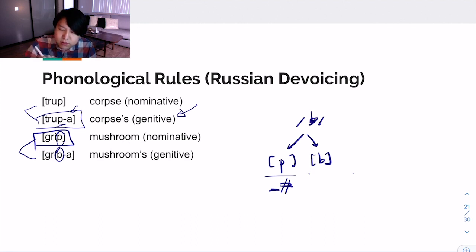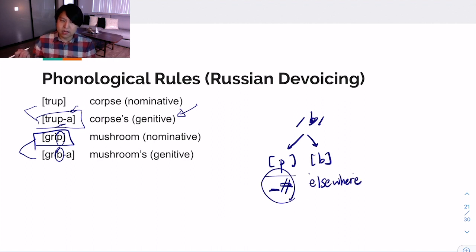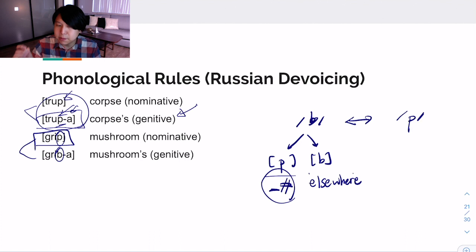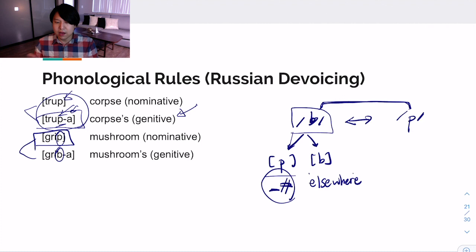So the default sound is voiced b, which becomes voiceless, devoiced word finally, and it remains the same elsewhere. And if you think of these two sounds, p in trup and trupa, as a separate phoneme, so that in Russian they have two different phonemes, b and p, then b can also be realized as p in certain positions, while p can only be realized as voiceless p.